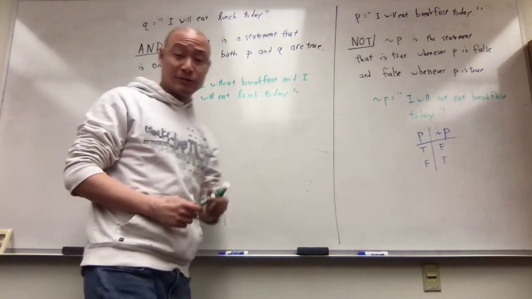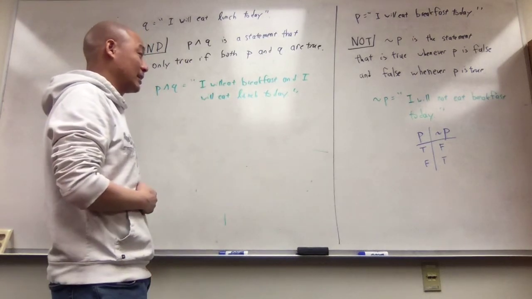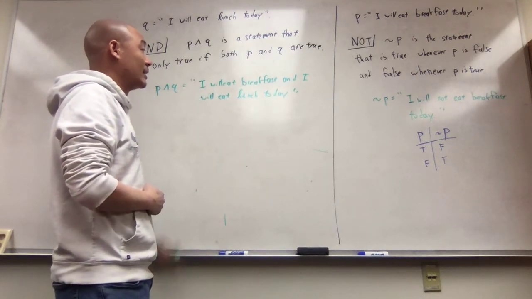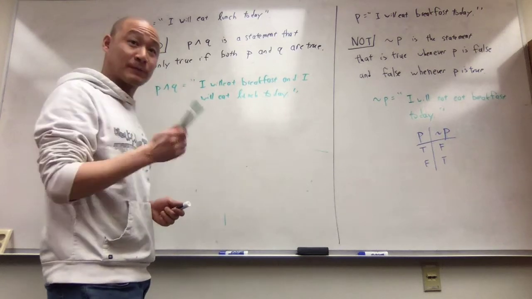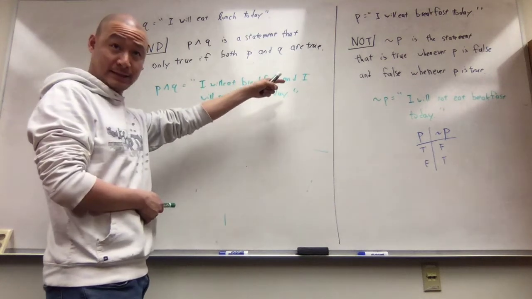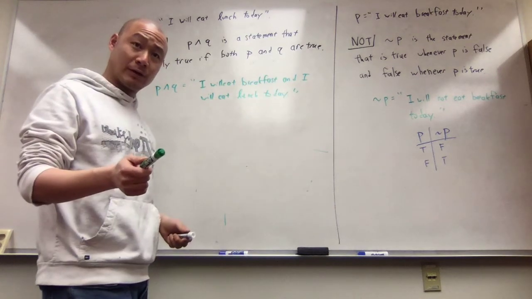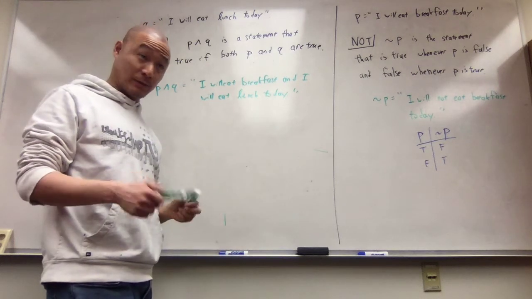So let's say you do say this sentence: "I will eat breakfast and I will eat lunch today." Well, that's only true if you eat both breakfast and lunch. If you decide to skip one of these, then you're not telling the truth anymore. If you skip both, you're definitely not telling the truth anymore.